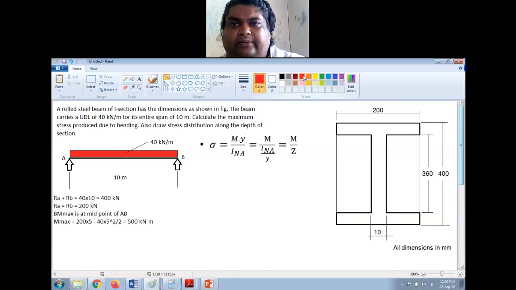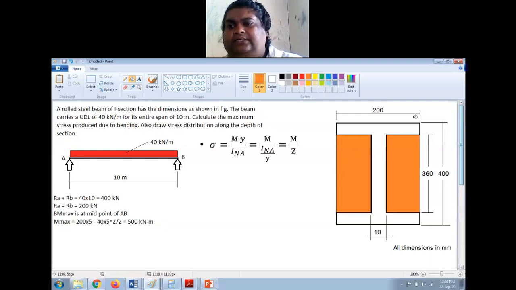So I will shade them. Right? So from this large rectangle, if I remove this orange shaded rectangle, I will get this I section, right?